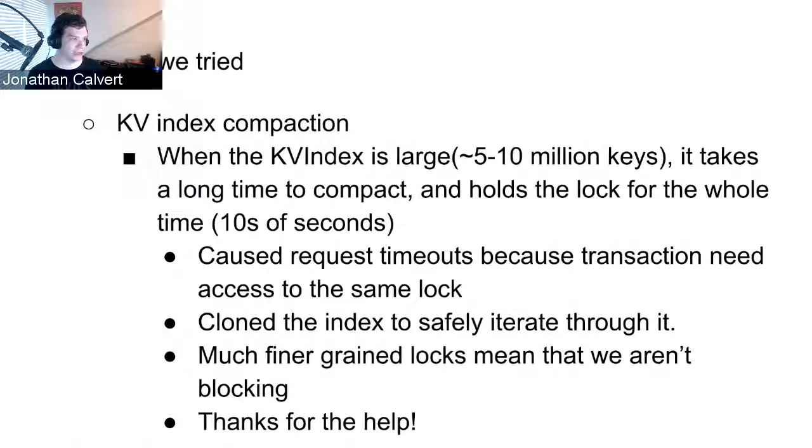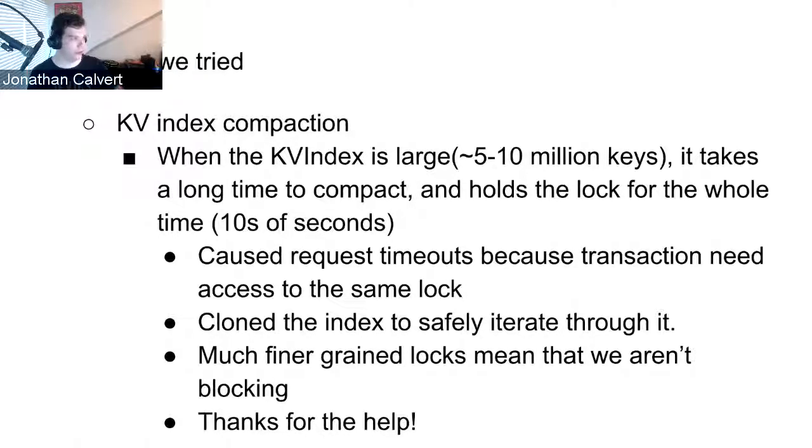Then it turns out that you're holding that lock for a significant period of time. And if you're holding a lock on the key value index, that means you have a bunch of writes that are piling up. So if you have a particularly write-heavy usage like we do, this causes problems.